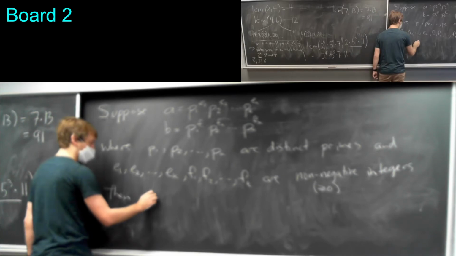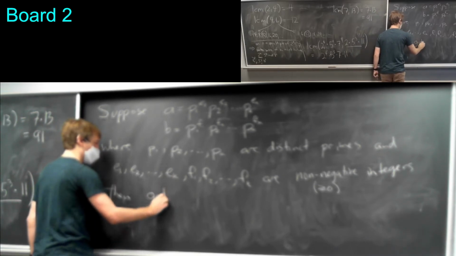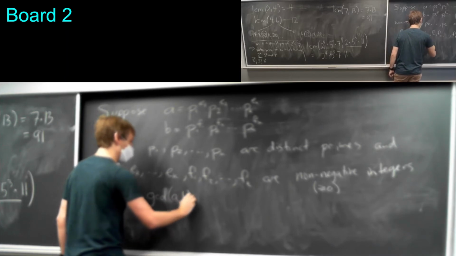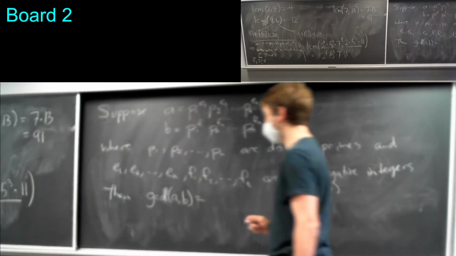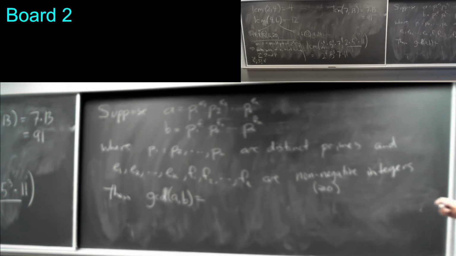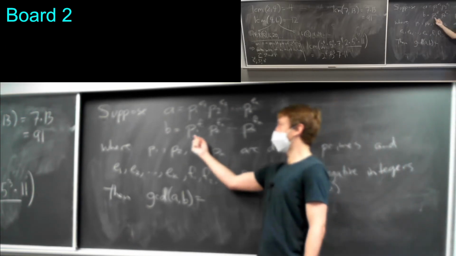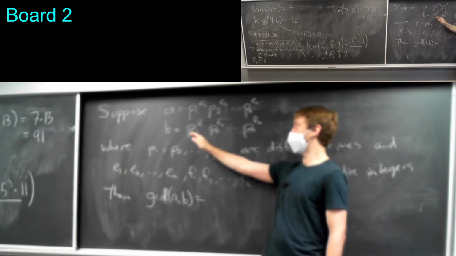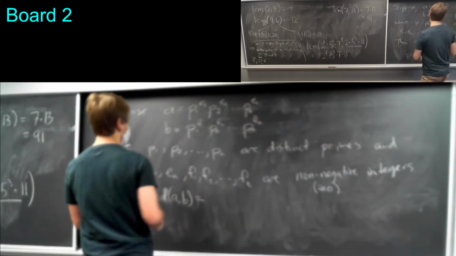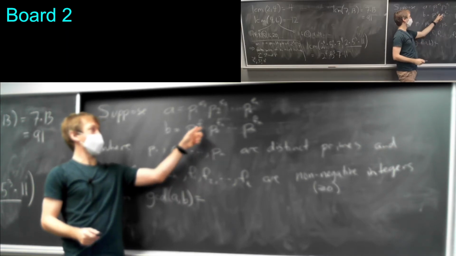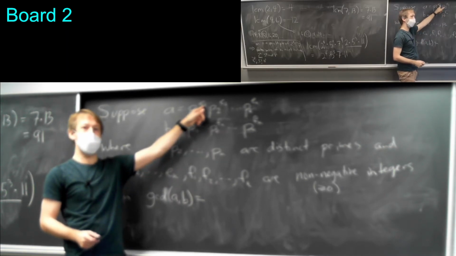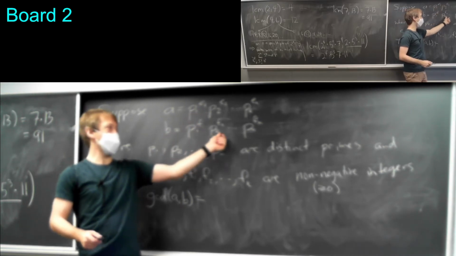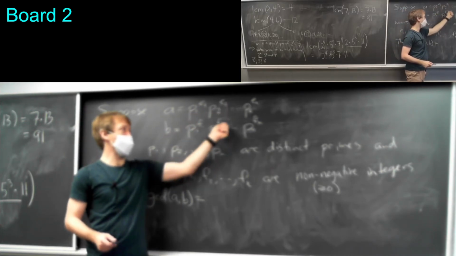Then the GCD of A and B, well, to get the GCD, if we apply the same principles we were thinking about before, what you're going to do is you take each prime and you look at the exponent in A and the exponent in B, and you take the smallest one. You look at the second prime, you look at the exponent in A and B, and you take the smallest one.